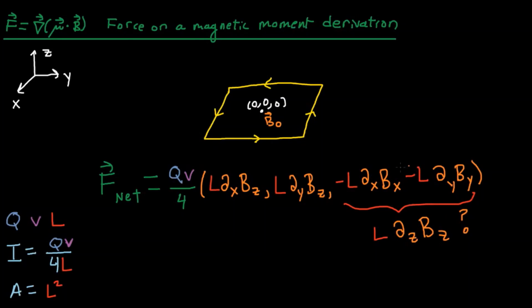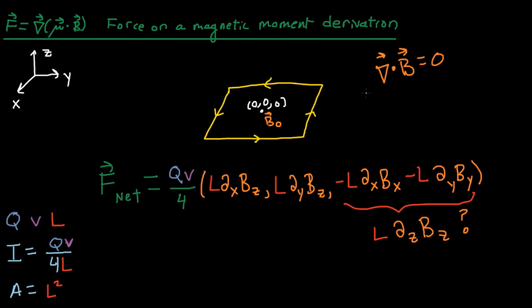But actually, it turns out that these two things are equal, and they're equal for an interesting reason. So you may or may not know that one of Maxwell's laws for electromagnetism is that del dot B equals 0. In other words, the divergence of the magnetic field is 0. This is also the statement that there are no magnetic monopoles.